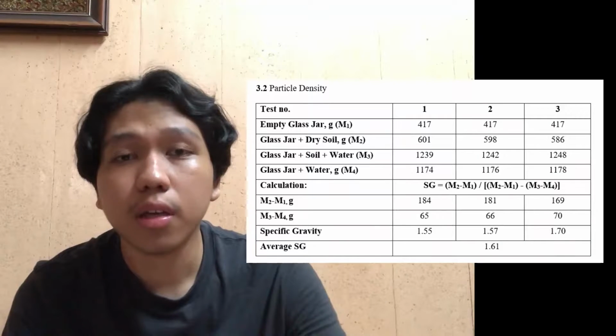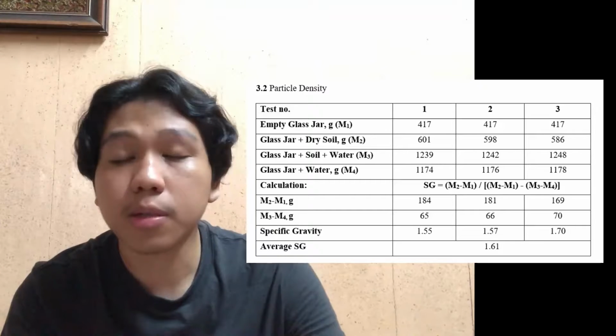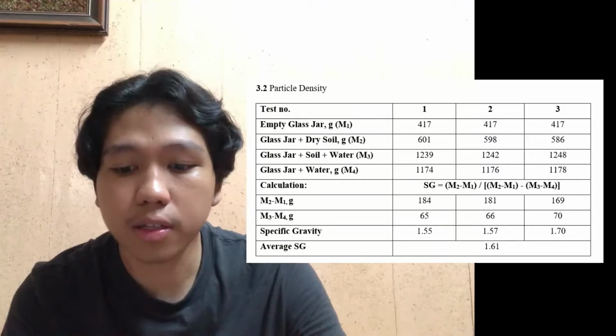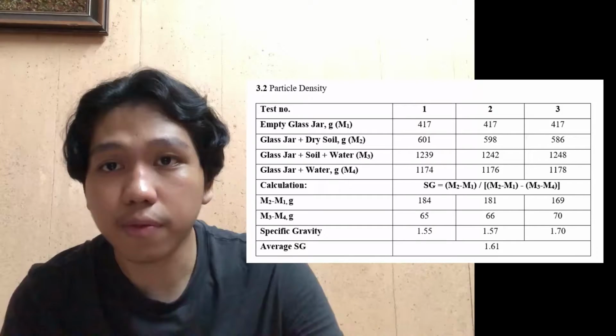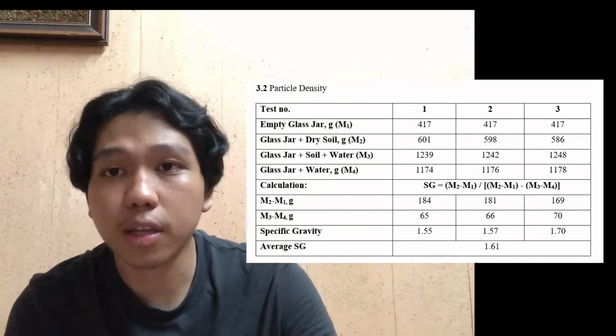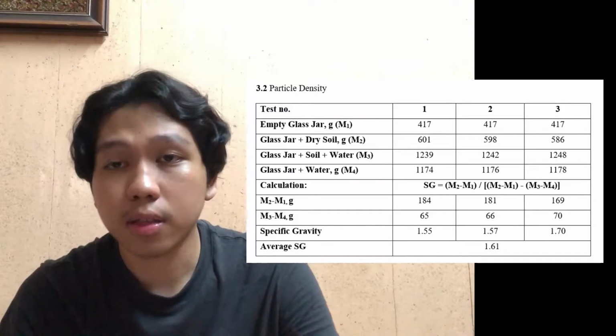So as we can see, the result for the experiment that I obtained is the specific gravity for the first test is 1.55, the second is 1.57, and the third is 1.70. So the average specific gravity for the test is 1.61.